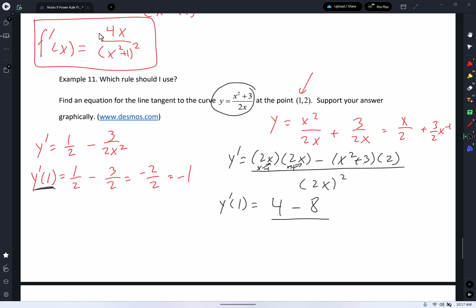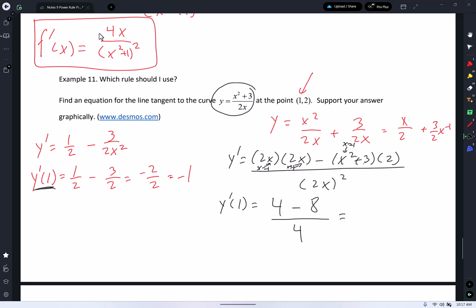Do you guys see what I did there? All I'm doing is plugging in x equals 1, guys. 2 times 1 is 2, and what's 2 squared? 4.